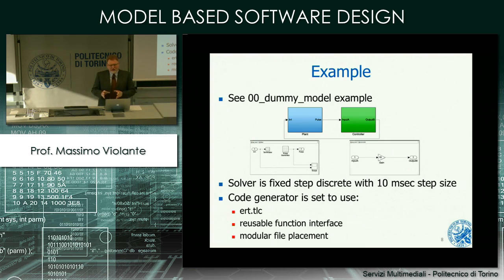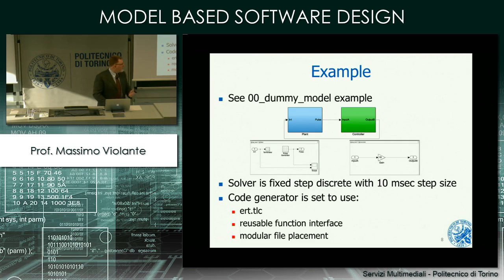And then we have another subsystem that is the set of Simulink blocks that shall become software. That is the real piece of software that we are about to run on our target. So we need to have the model of the controller separated from the model of the plant in such a way that we will generate code only for the controller.